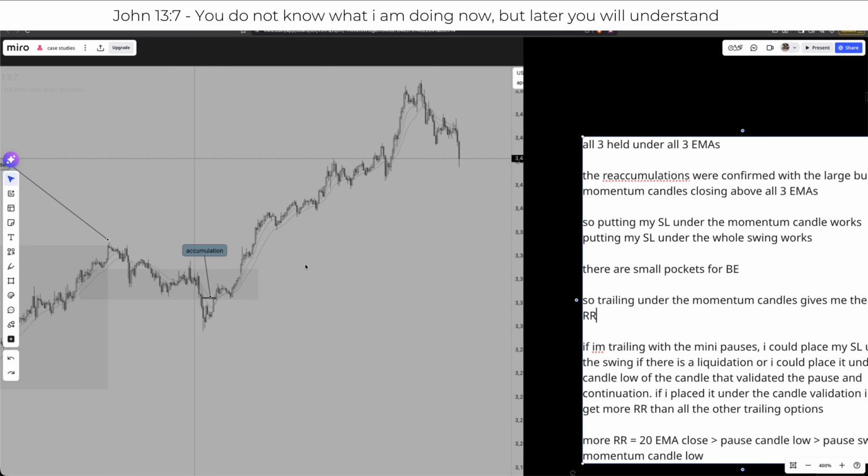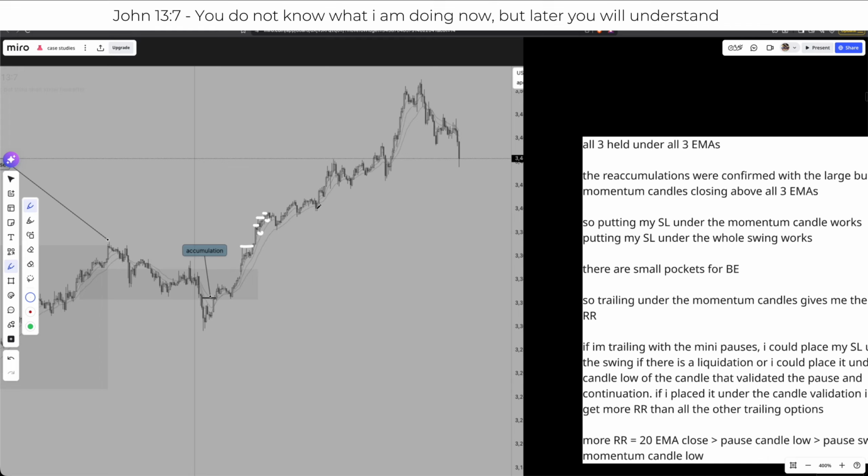Gives me the most RR. So if it gives me the most RR here, then I'll be right here, then right here, under this, and then here would be under this, right? And then I get taken out.